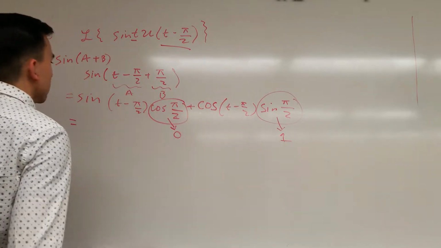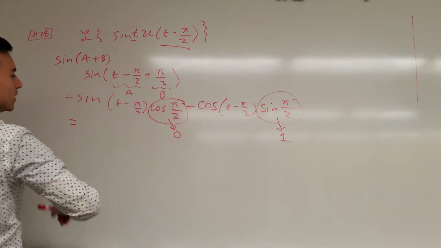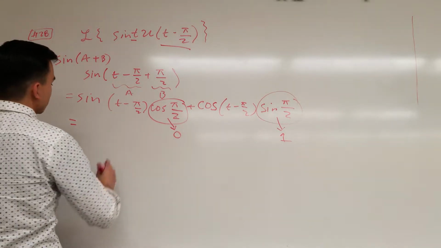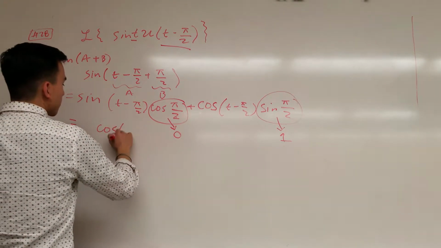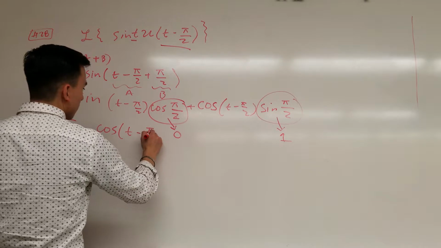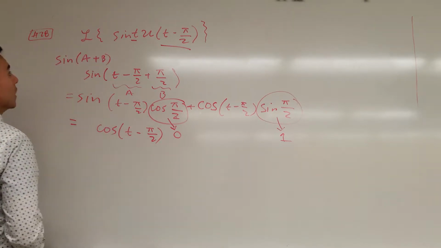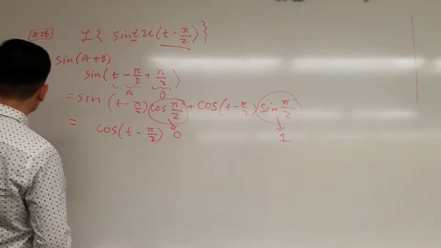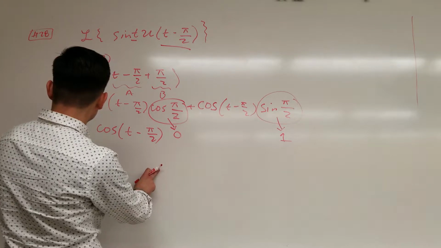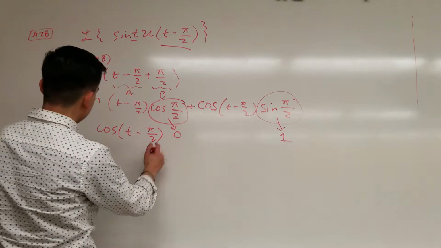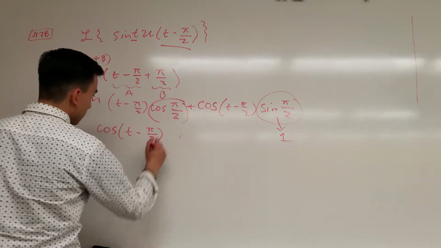So now I have 0 times all this, wipe out, that's gone. So now I'm just left with that over there times 1, so that's great.